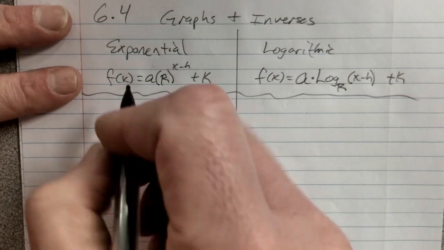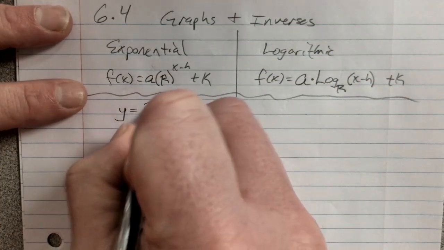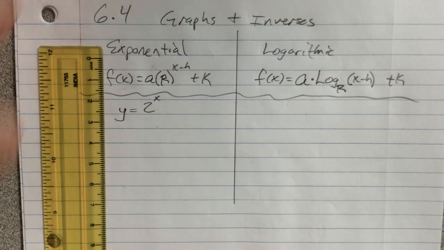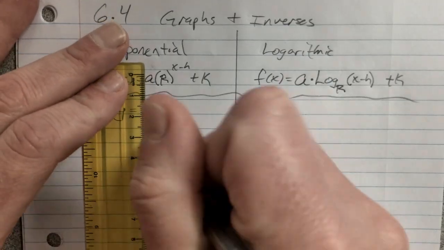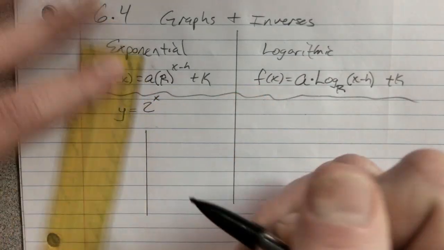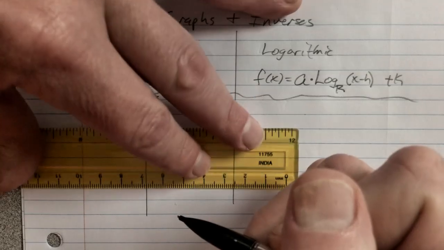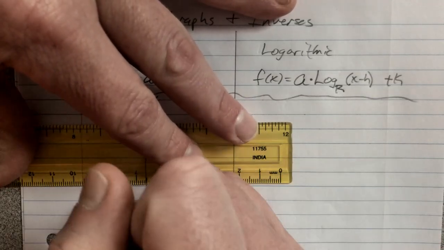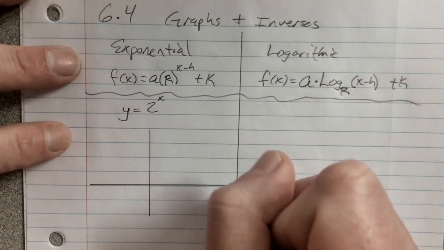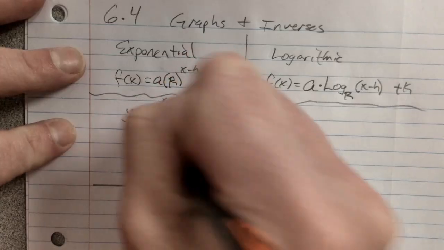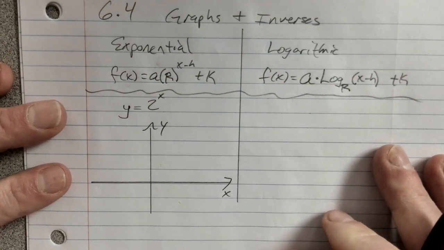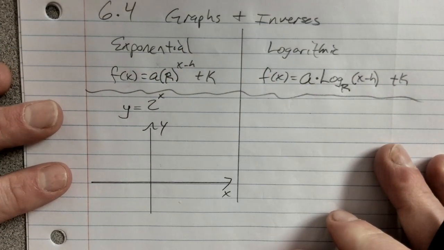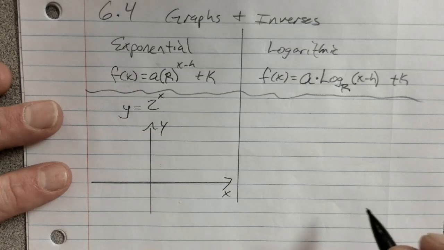So if I look at the parent y equals 2 to the x power, just a quick graph, nothing too fancy. There we have an x-axis, here we have a y-axis. What's 2 to the 0 power? Easy. 1.